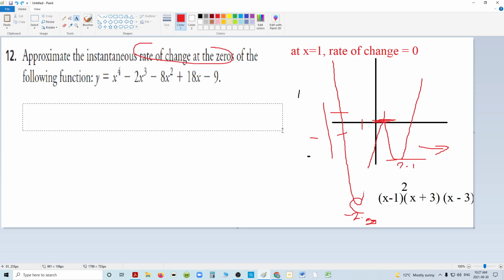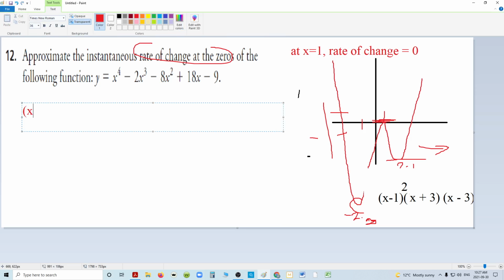Rate of change for the first function would be x plus h minus 2 times (x plus h) cubed, right? Minus 8 times (x plus h) squared plus 18 times (x plus h) minus 9.